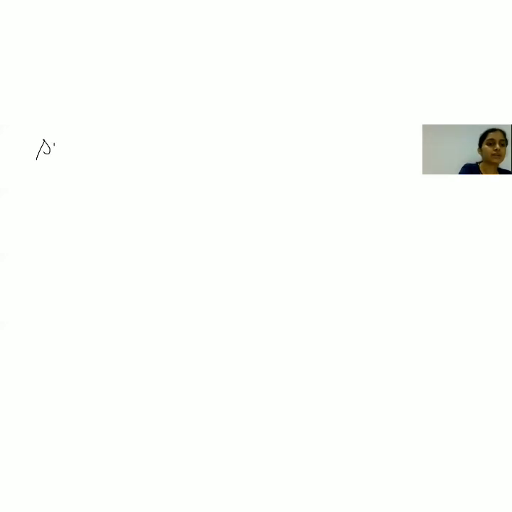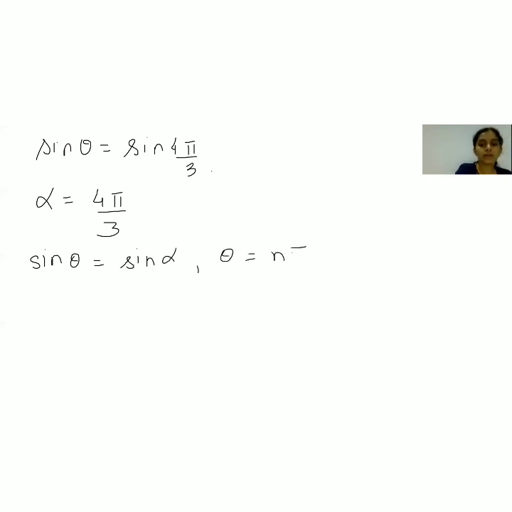So how will we write this? Sine theta is equal to sine of 4 pi by 3. Okay, alpha is equal to 4 pi by 3. What is the generalized solution for sine theta equal to sine alpha? Theta is equal to n pi plus minus 1 raised to n alpha, and n belongs to z.